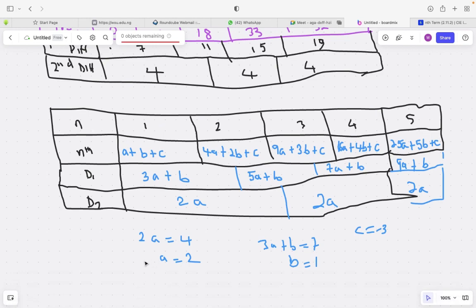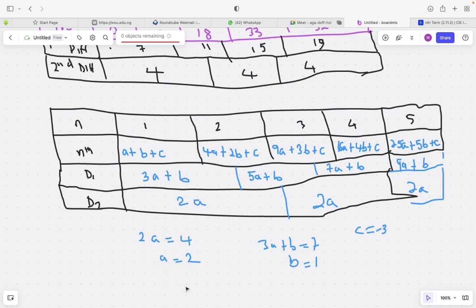Okay, now you have a, b, and c. Our end term is a n squared plus b n plus c. Now you found a. Instead of saying a n squared, you now say 2n squared. In place of a, you put 2.